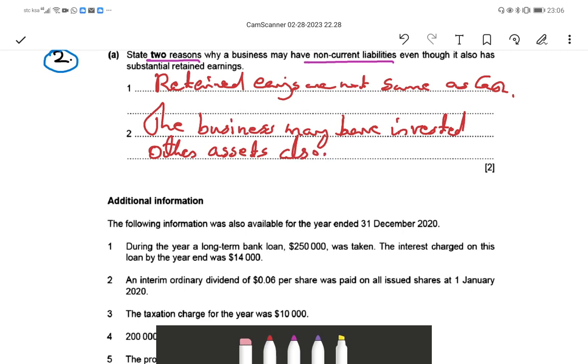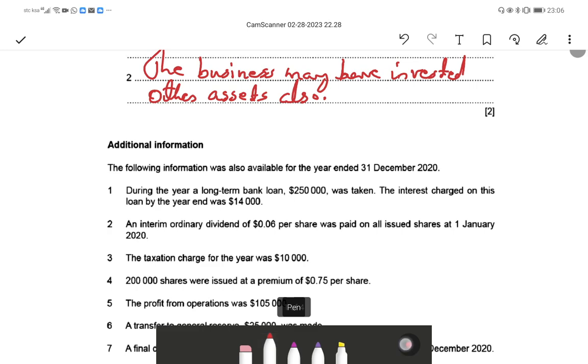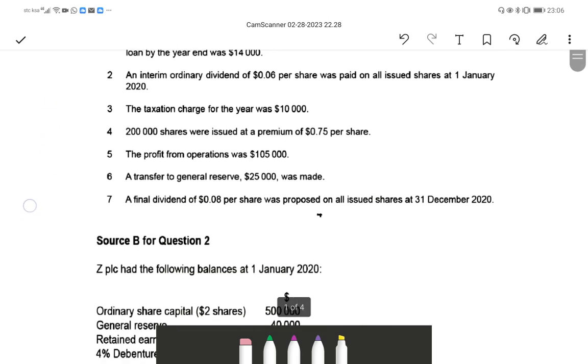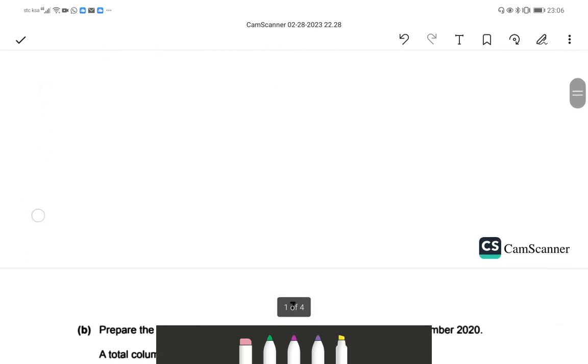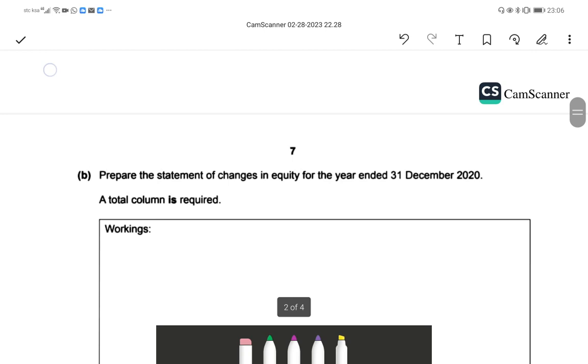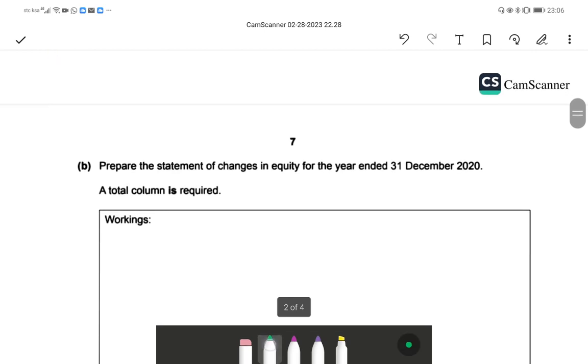Next, they are given the additional information and we can check the question. Question number 2B. Prepare statement of changes in equity for the year ended 31st December 2020.